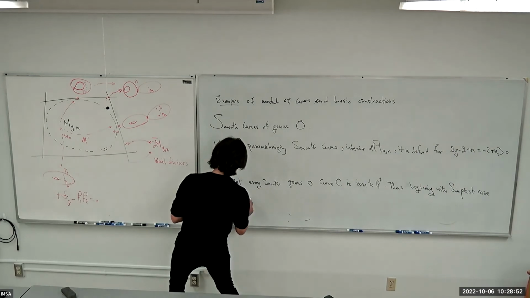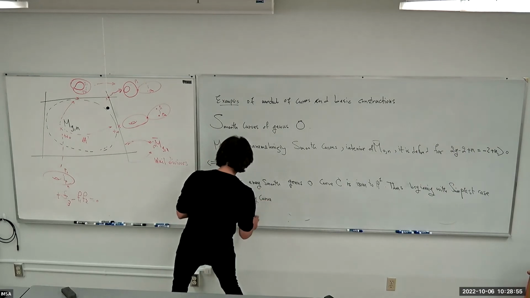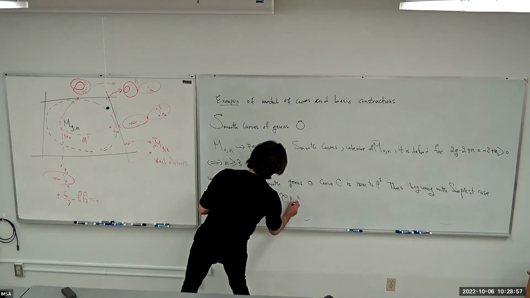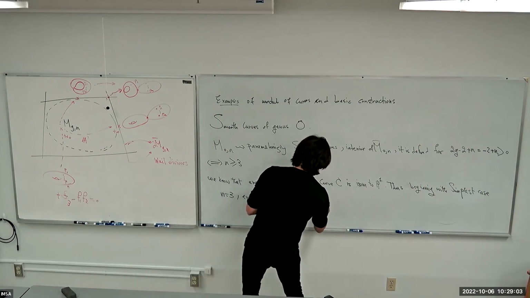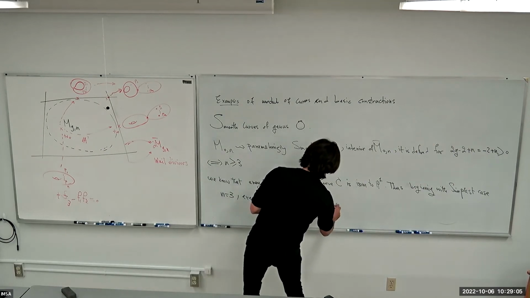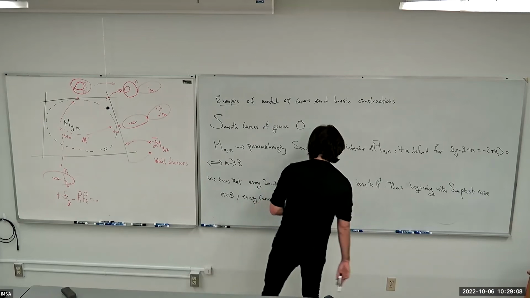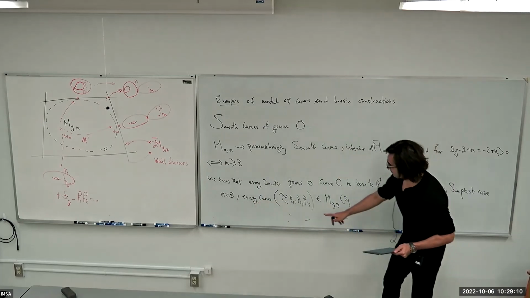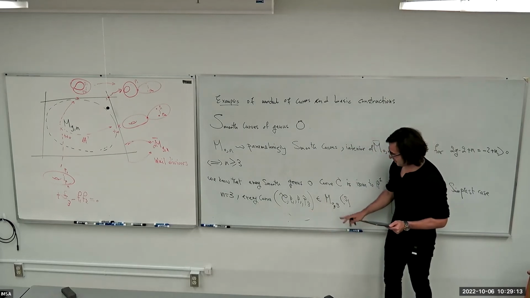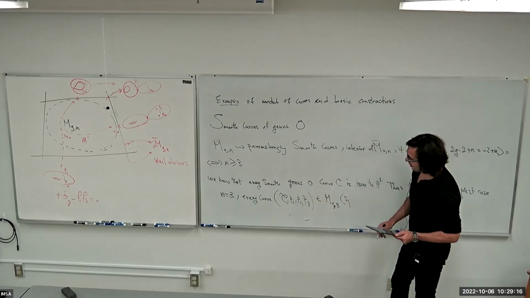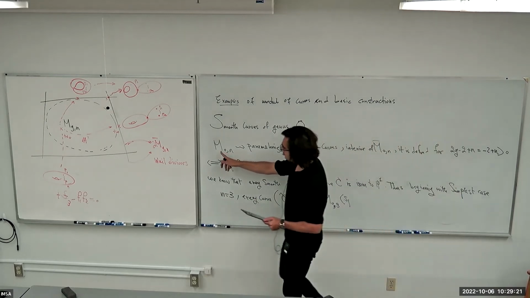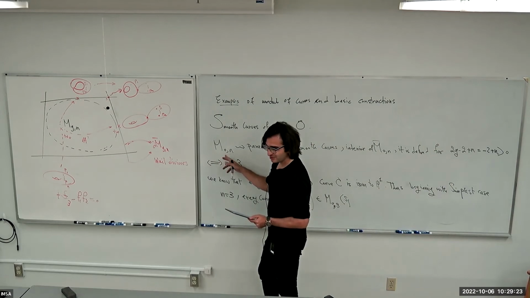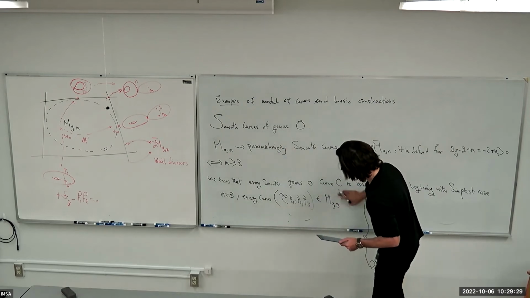Every curve C, P1, P2, P3 is a point of M0,3. I can say a curve in here is a point of M03. I can use straight M03 because this is a space and a point of it makes sense. Or I can write it like that.